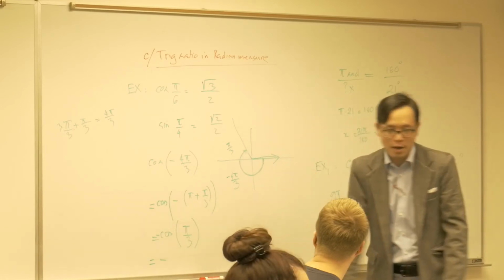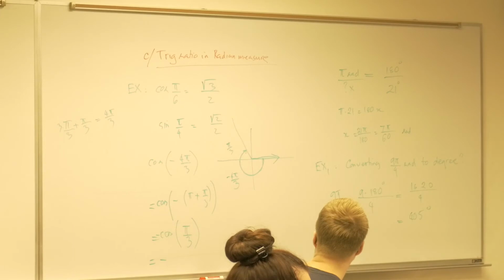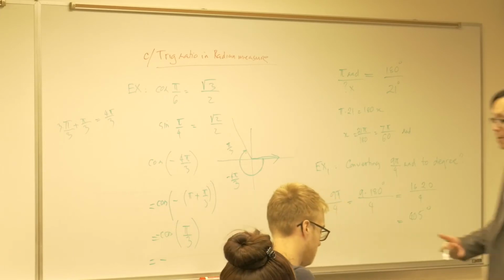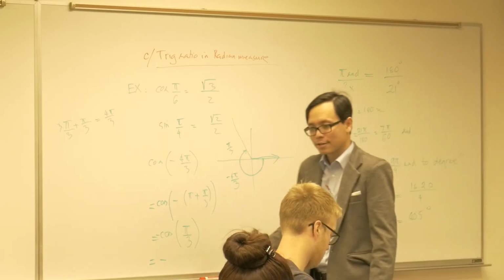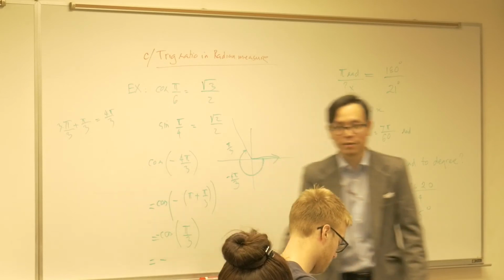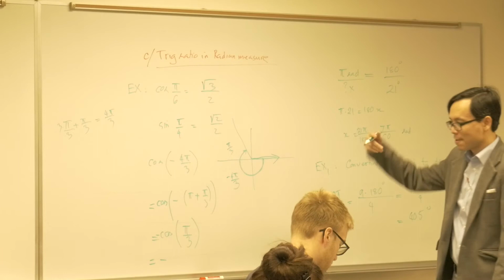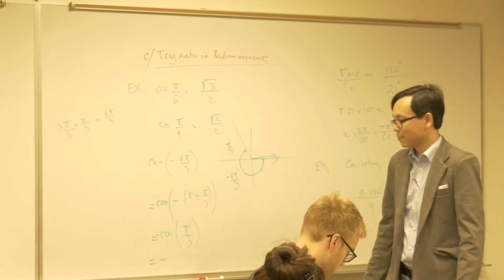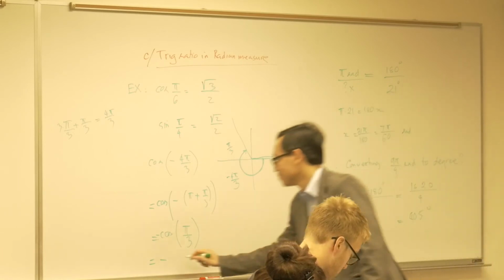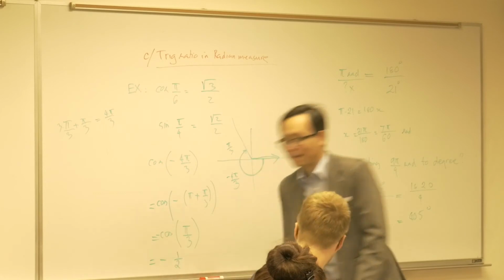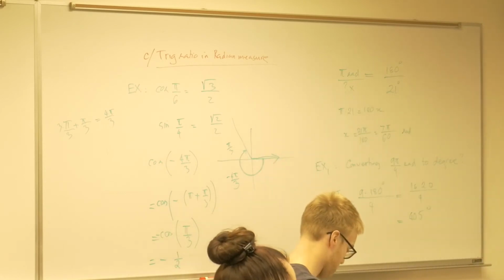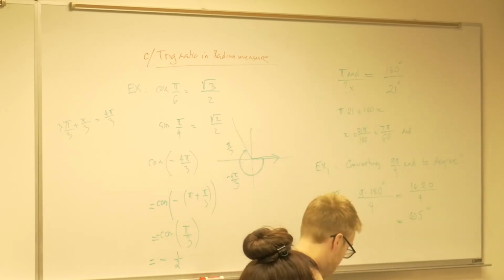And cosine pi over 3 is... what is the value? Pi over 3 is 60 degrees, but what is the value for that? From the table, 1/2. So your answer will be negative 1/2.